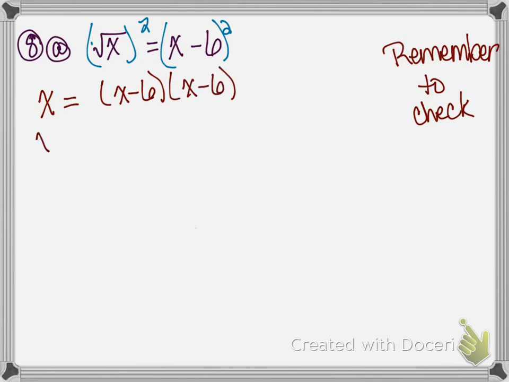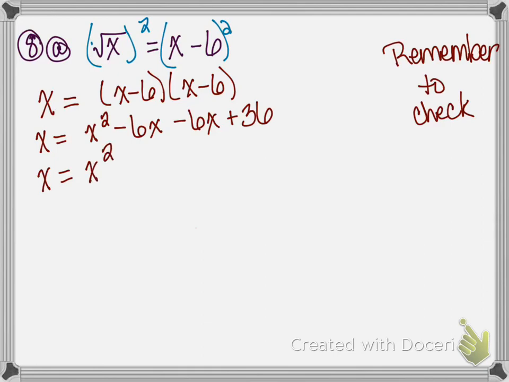Okay? So I have x equals x squared minus 6x minus 6x plus 36. So I have x equals x squared minus 12x plus 36.